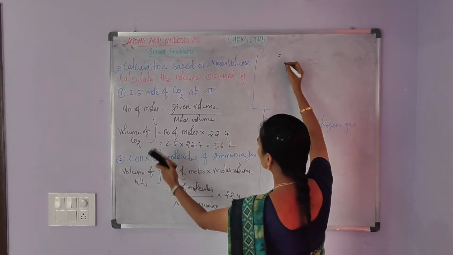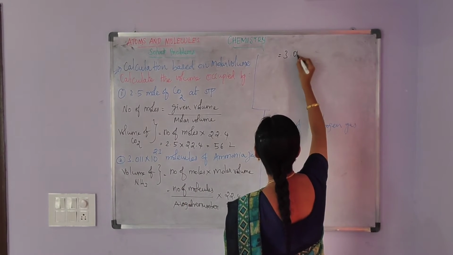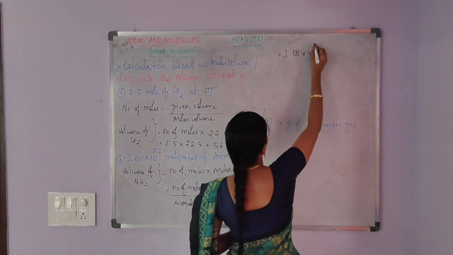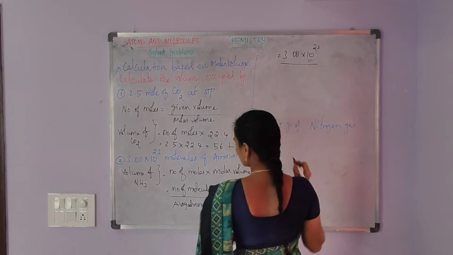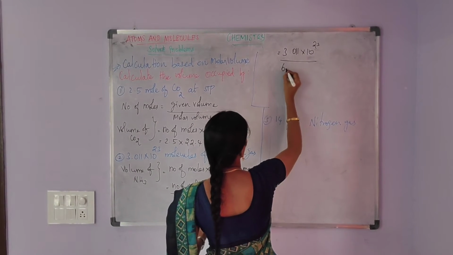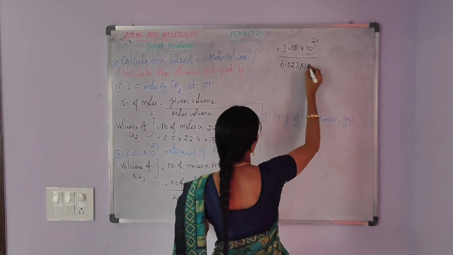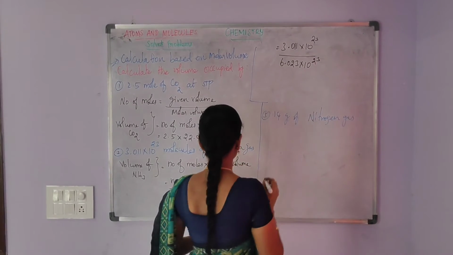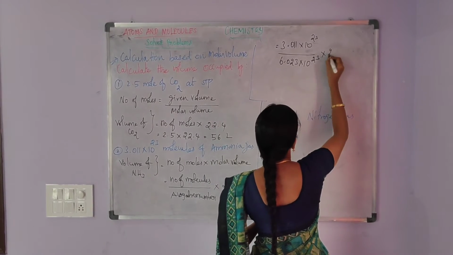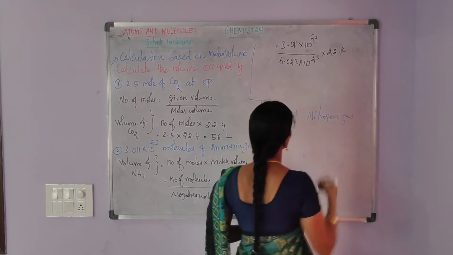Number of molecules is 3.011 into 10 power 23, divided by Avogadro number, 6.023 into 10 power 23, into molar volume 22.4.